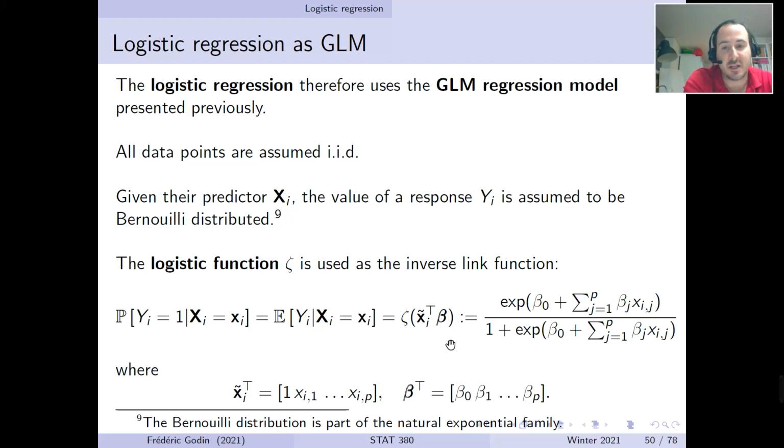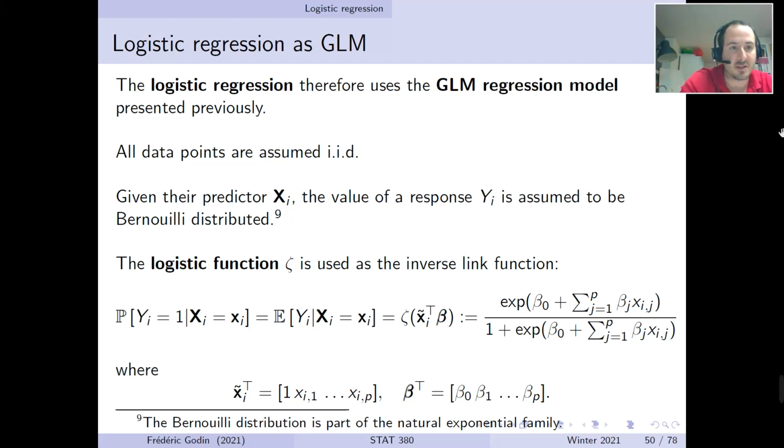Recall that in the GLM model, the expectation of the response is the inverse link function applied to the linear combination of predictors. The inverse link function here is assumed to be the logistic function.